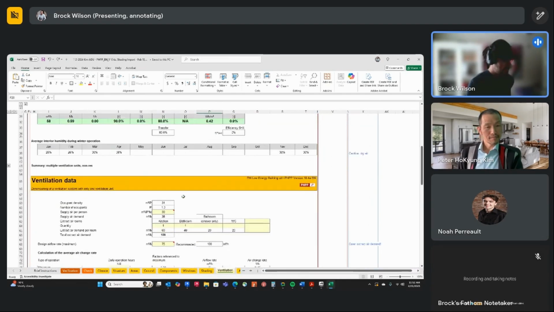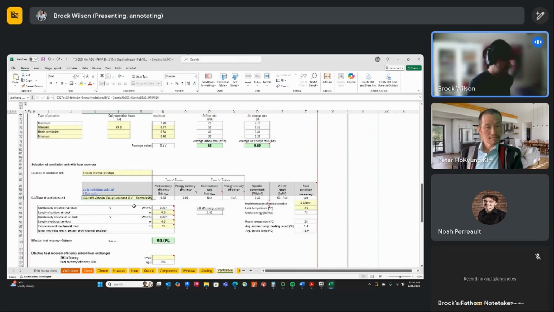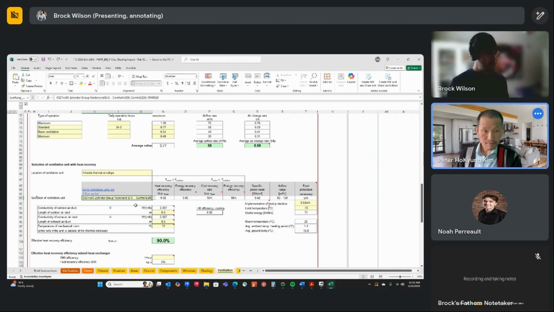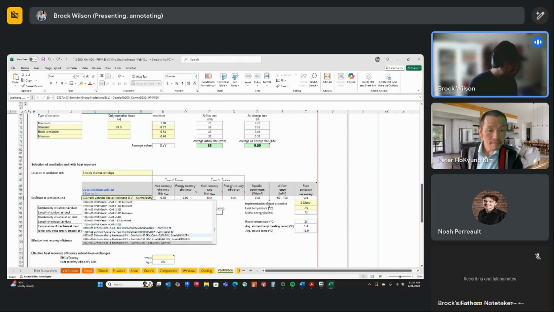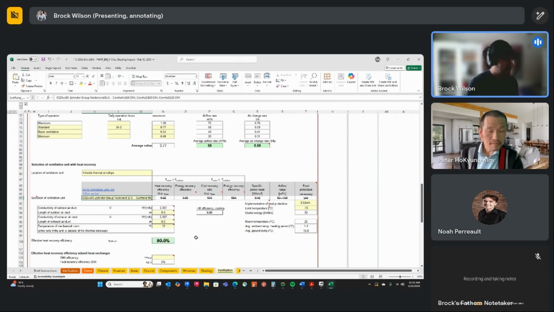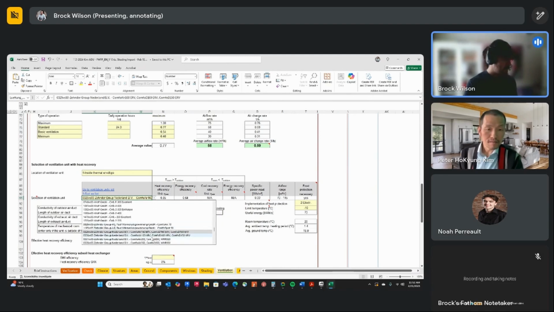And then in terms of the ventilation, we've shown a Zehnder unit for the time being, a ComfoAir 200, which gives us an airflow range between 60 and 150 CFM. I know we're probably going to be on the low side of that airflow. We looked at going a unit less, I believe it was the 160 ERV, which is 73 to 115 in terms of airflow, but the efficiency isn't as good as the 200.